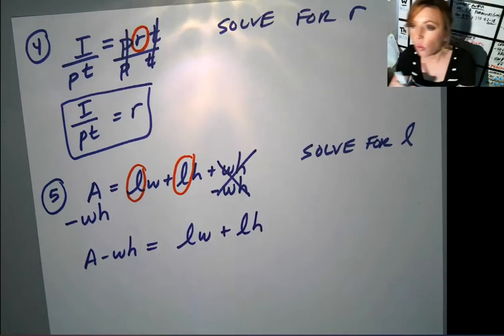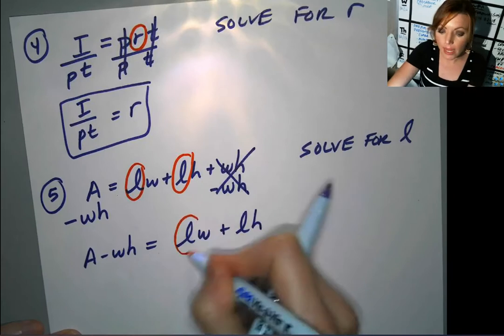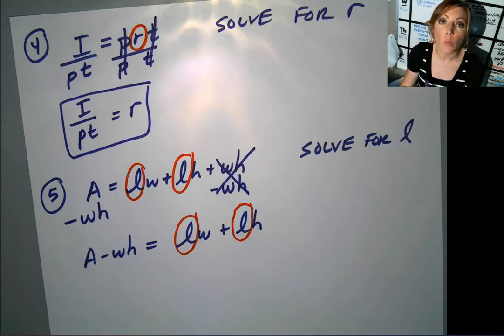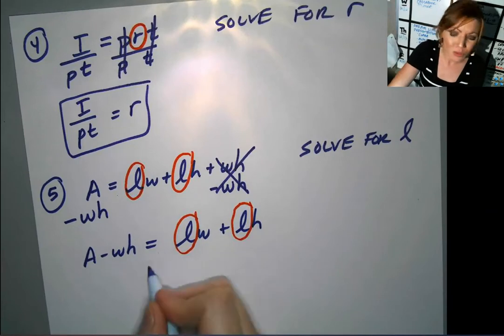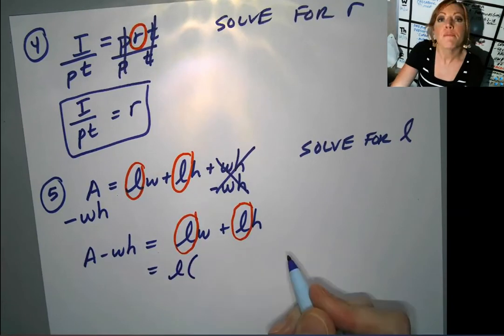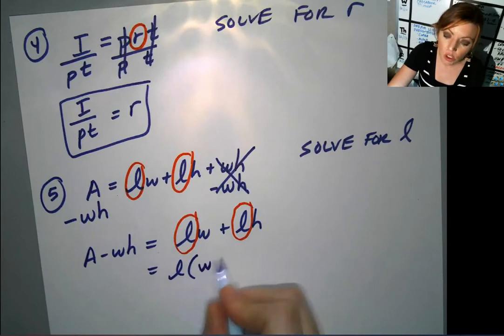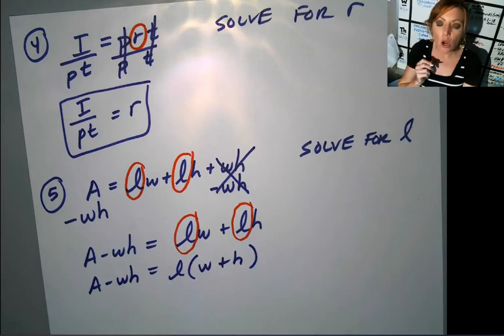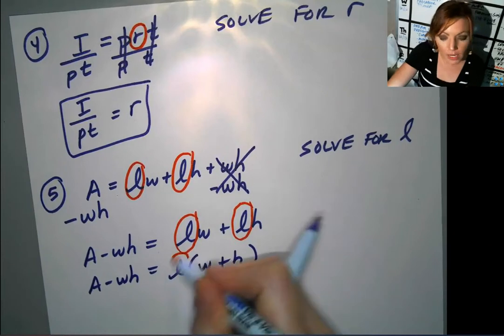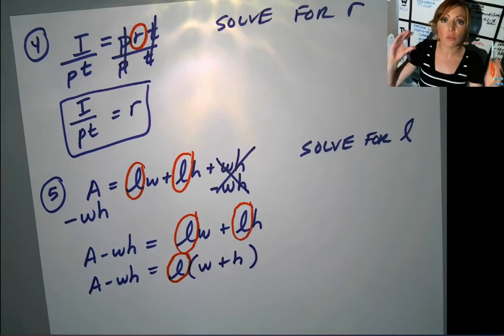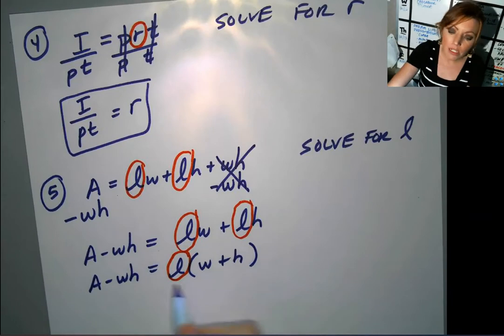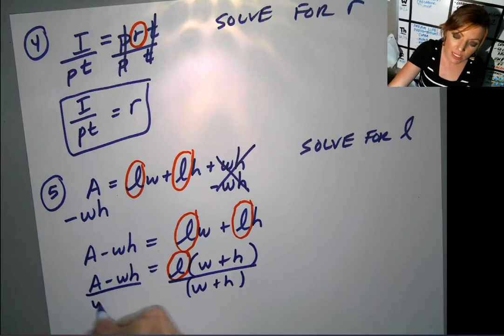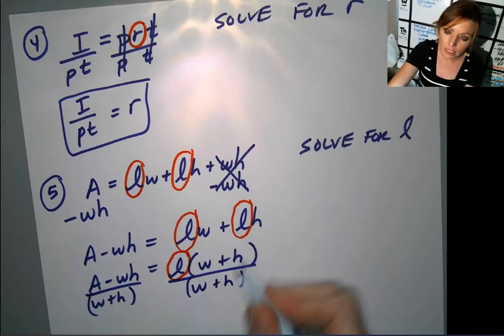And again, what I hope we see here is that both of these have an L in them, which means what we can do is factor an L out. Okay, so we spend a lot of time doing factoring. When we factor the L out, we're left with W plus H. We have A minus WH over here. And now we are down to one L, L times, in parentheses, W plus H. The opposite of multiplication is division, so we're going to divide both sides by W plus H. They cancel out.